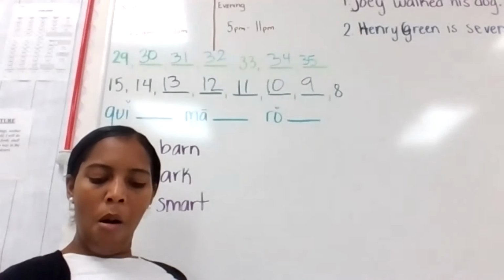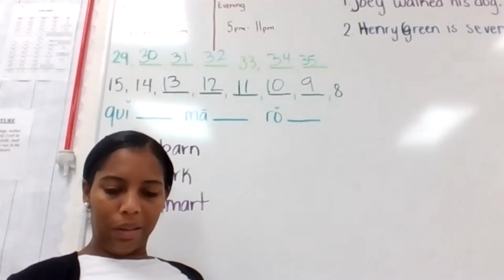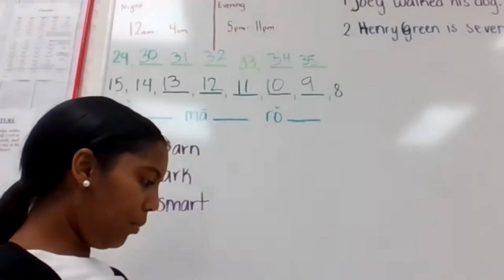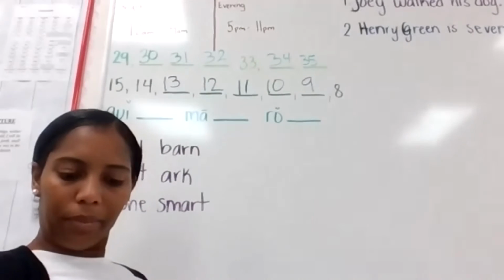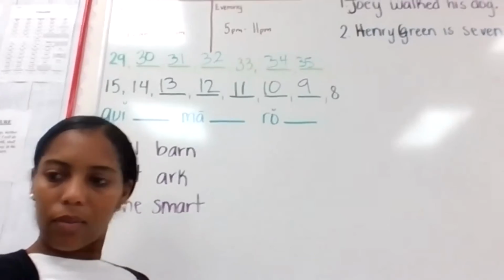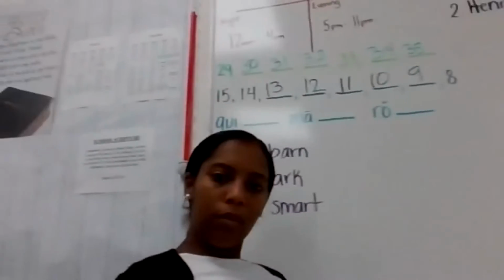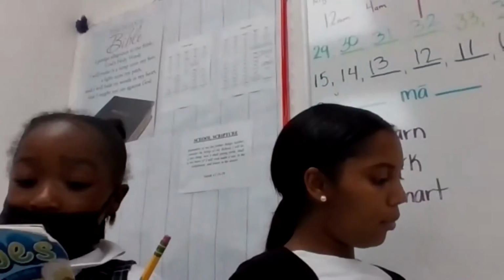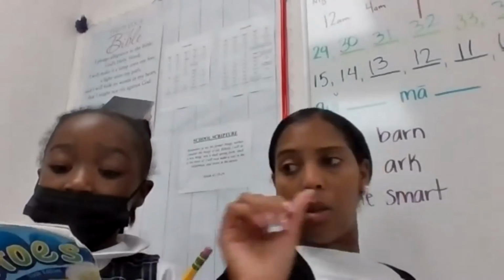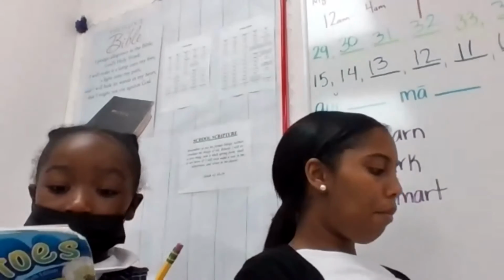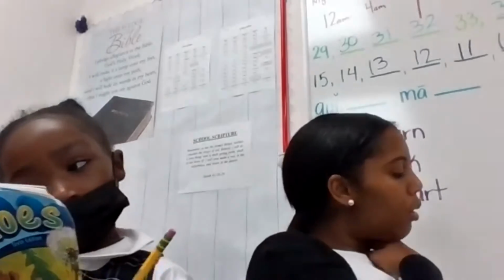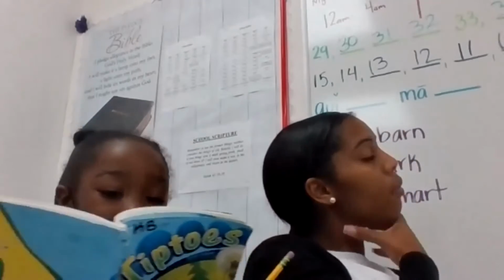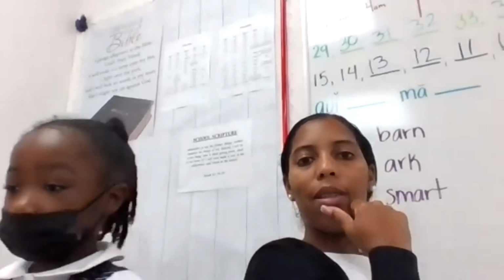Kenley, next row. No, this row. Look at that A. That's clear. Good. Okay, next three words.